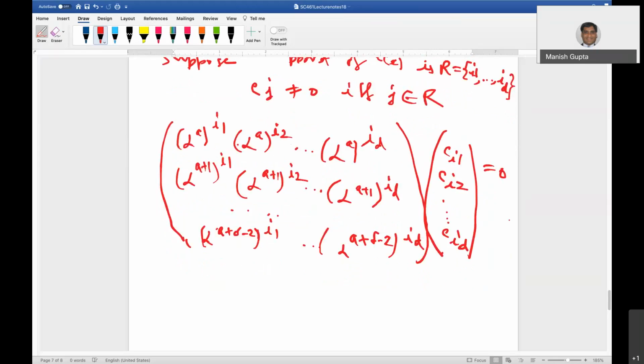Now since D cannot exceed delta minus 1, because D is strictly less than delta, choose the first D equations of the above system.